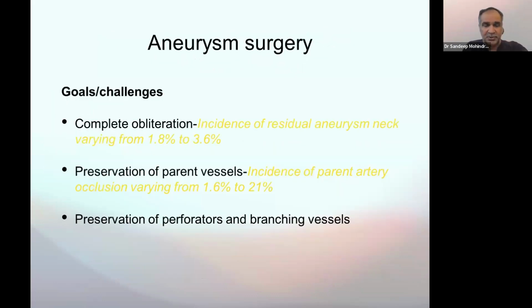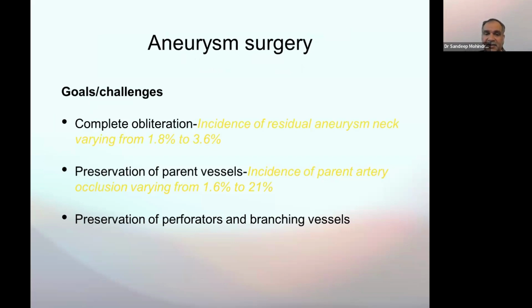In aneurysm surgery, the goal is mainly obliteration of the aneurysm, and the incidence of residual aneurysm varies from 1.8 to 3.6%. The main aim is preservation of parent vessels. Incidence of parent artery occlusion varies from 1.6 to 21%. That is the major complication we note, that even the parent vessels can get occluded by the placement of clips.